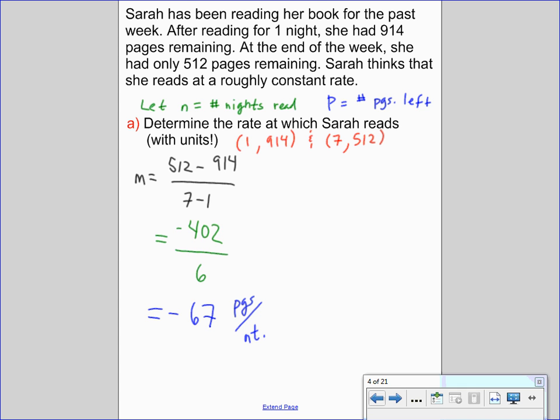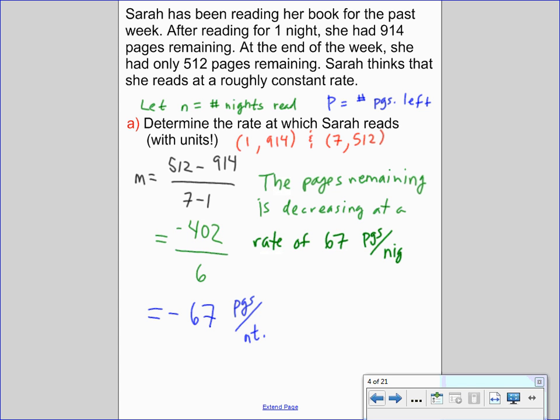So we could say that the pages remaining in her book is decreasing, because it was a negative slope number, at a rate of 67 pages per night spent reading. Awesome.